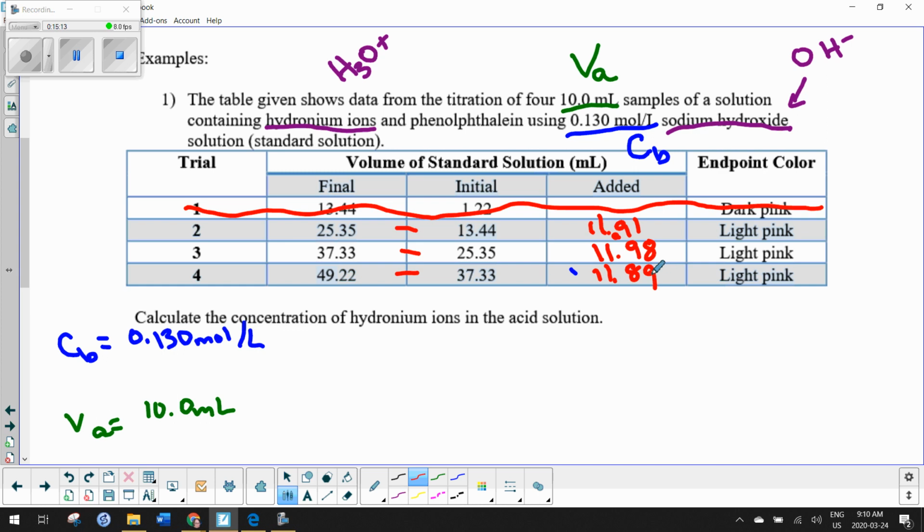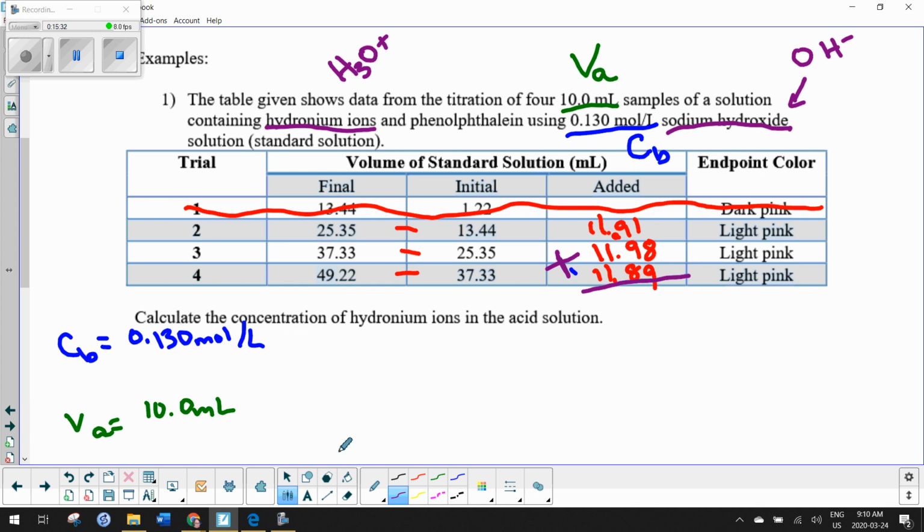Now I can't use all of these volumes, so I have to calculate an average. In any average, you add them all together and then you divide by the total number that you have.